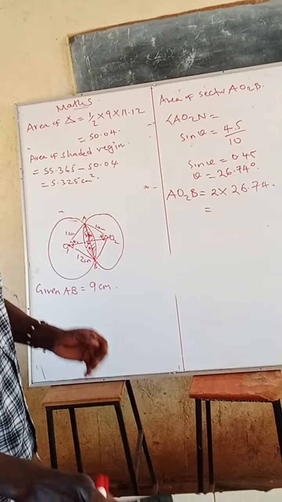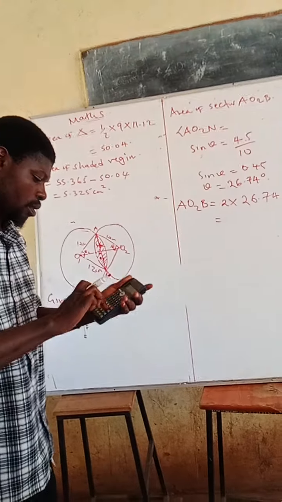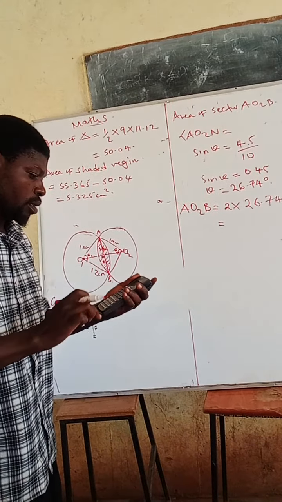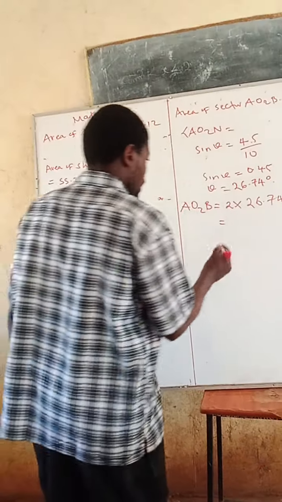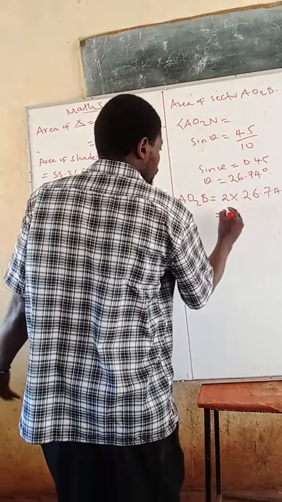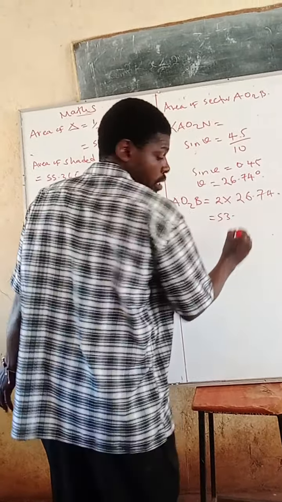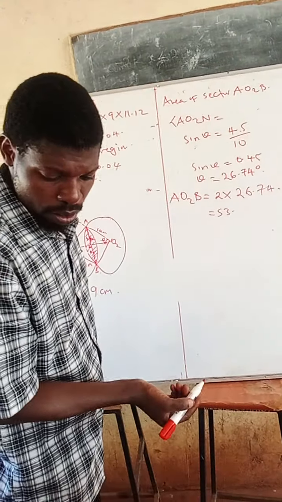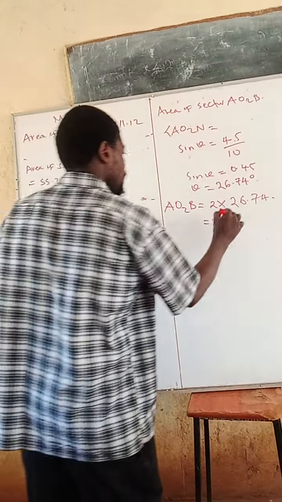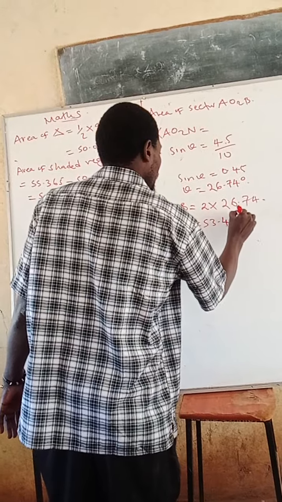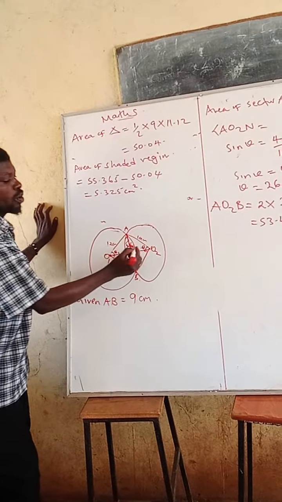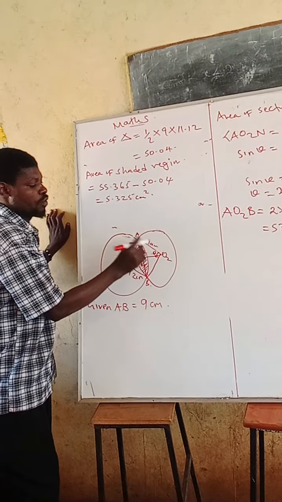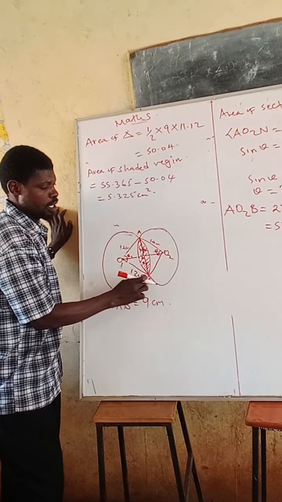According to my calculator, times 2, 53.487. I round it off to 53.49 degrees. We've now gotten the whole angle of AO2B.